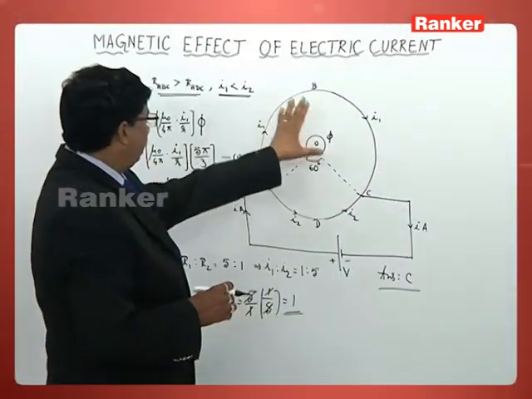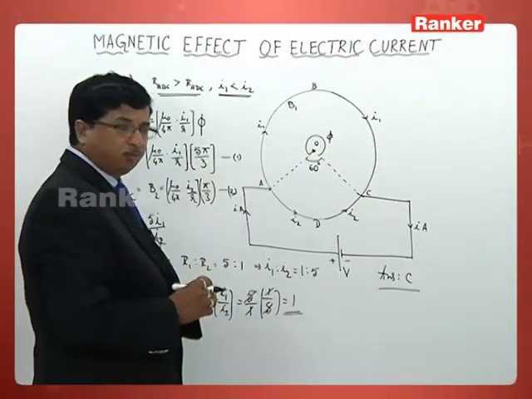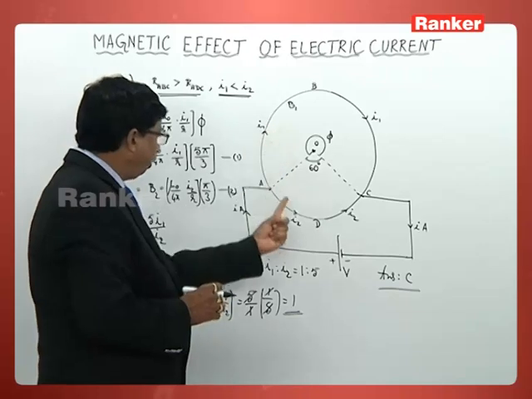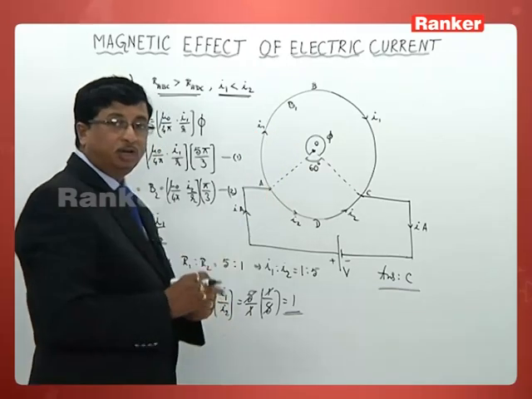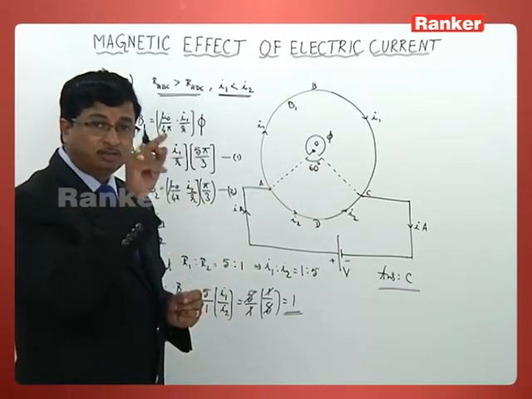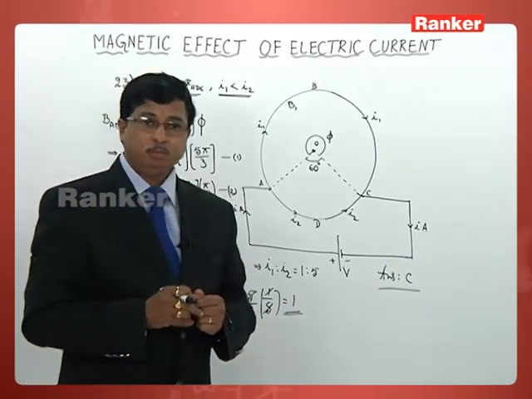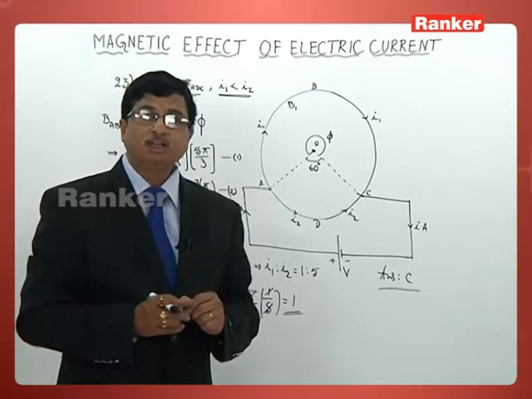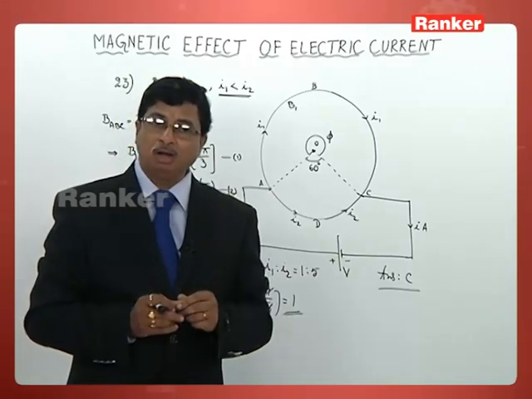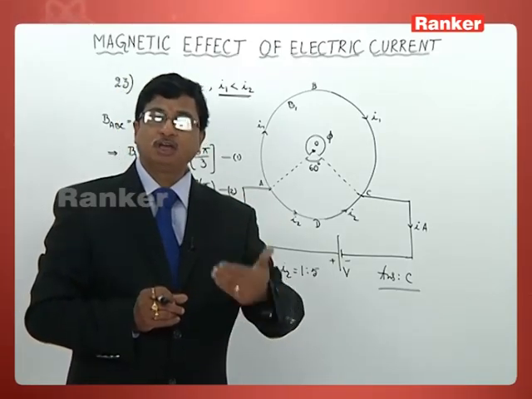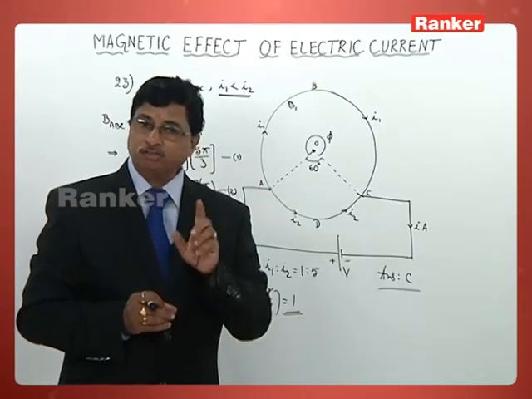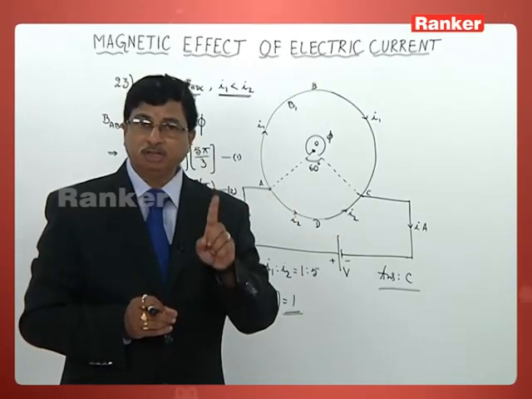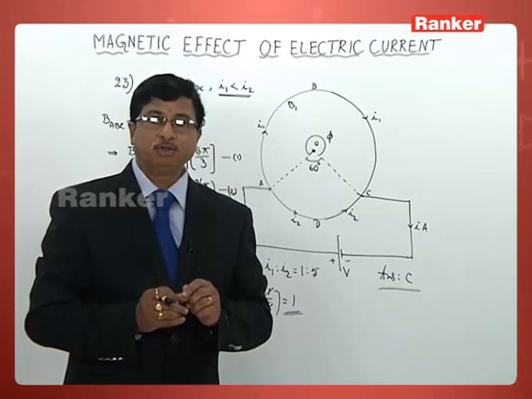So what you people have to understand in this case is how the currents are being varied depending on their resistance values. Because these two resistances, in this case you can understand they are in parallel. When resistances are connected in parallel, the potential difference remains constant across them.